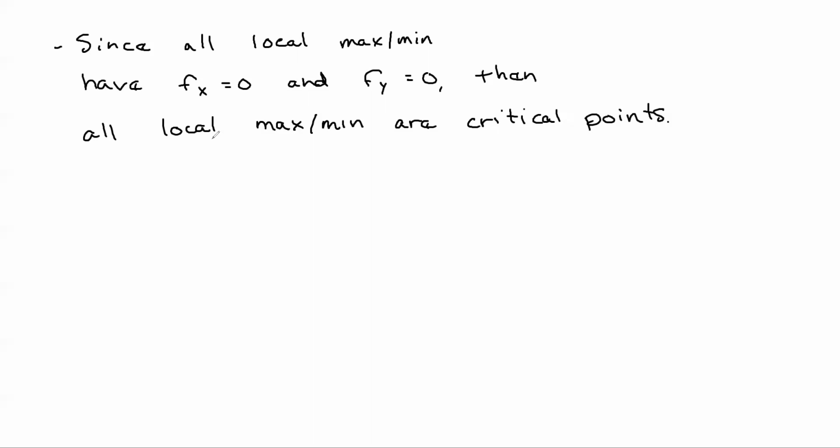So what we need to discuss is how do we determine which critical points are local max/min and which are not? Critical points are not all local max/min, but some are.